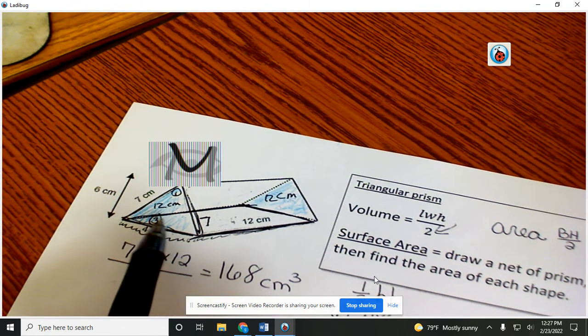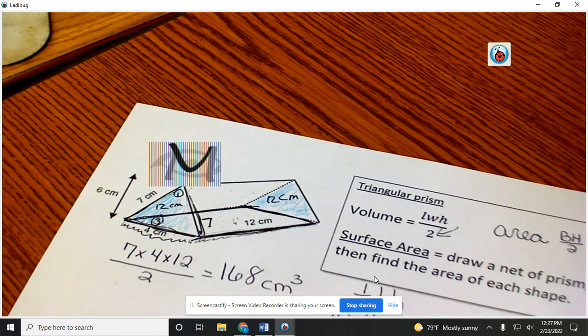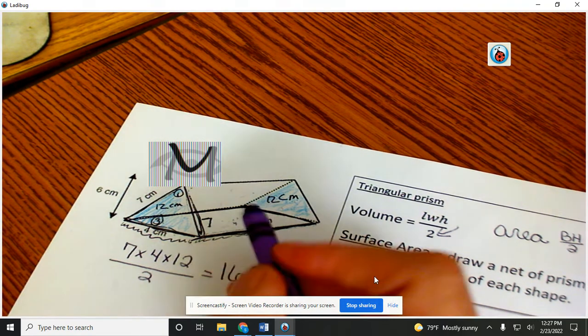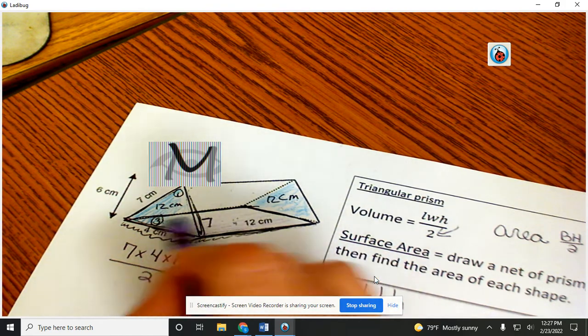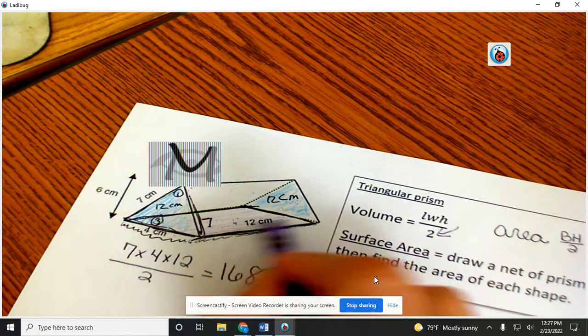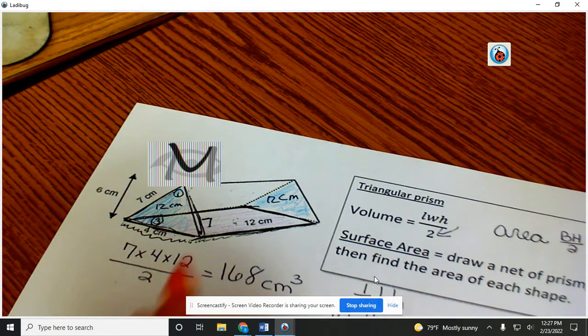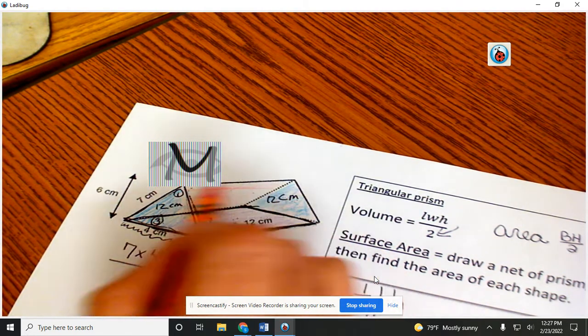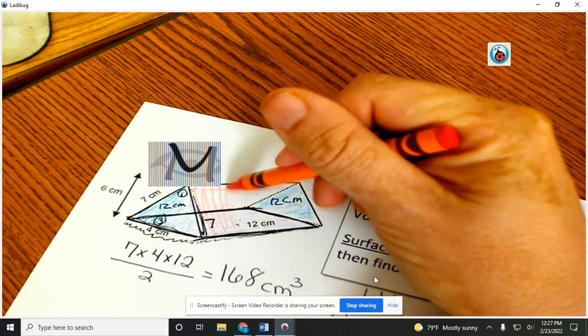The 24 is this triangle and that triangle. Then we have our bottom part that it's actually laying down on, which is down here, and that's 4 times 12. And then we have 2 more sides, which we'll color up and down right here.